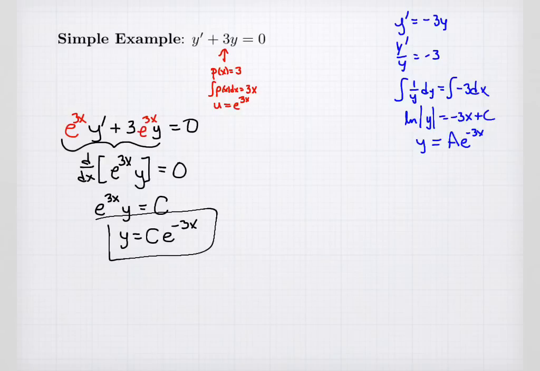And I want you to compare that to our original form, y equals a e to the minus 3x. These are actually the same. Okay? So solving a linear differential equation with an integrating factor is finding that missing piece to make the formula on the left come from a product rule.